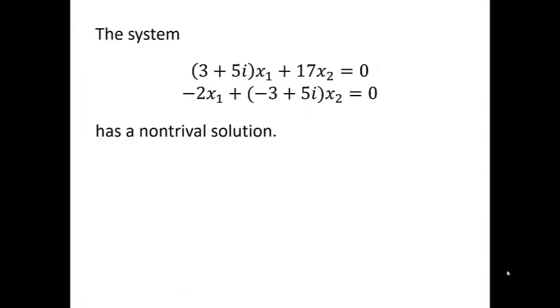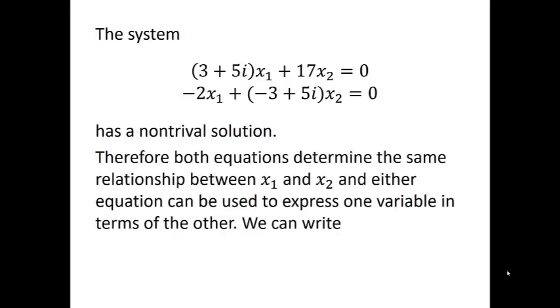So here's our system that we know for certain has a non-trivial solution. And therefore, both of the equations that you see here determine the same relationship between x1 and x2. And either equation can be used to express one variable in terms of the other. So we're going to focus on the second equation and solve.